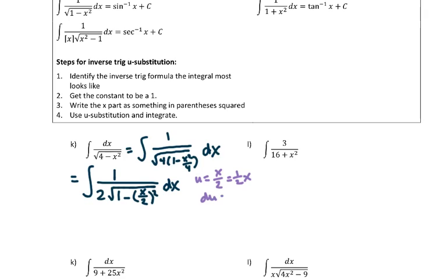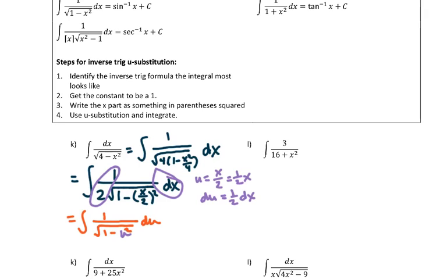So then du is simply 1/2 dx. However, I do not... Well, actually, do I have that? Let's see. I do, because I have 1/2 and I have dx. So we're actually good here. We're just going to end up with the integral of 1 over the square root of 1 minus u squared du.